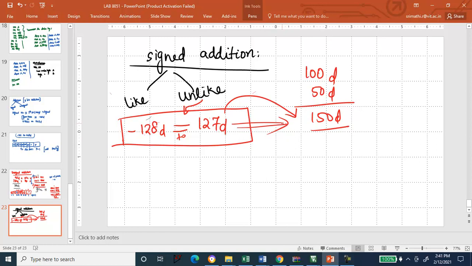So how much is the excess? I need to subtract 127 from 150. You will be having 23.